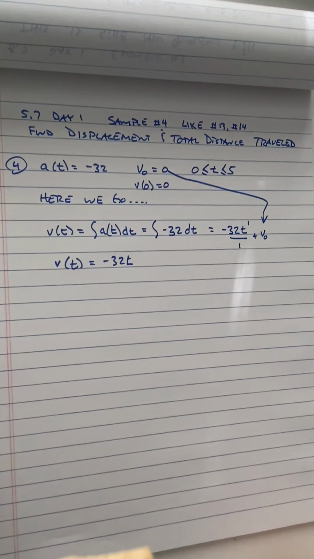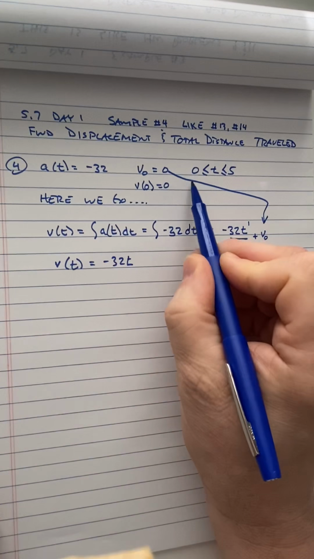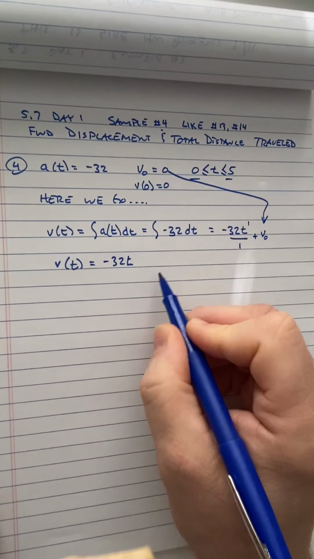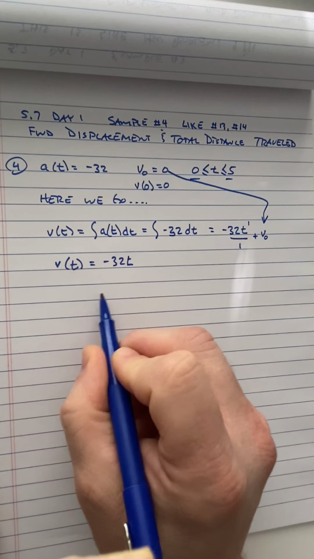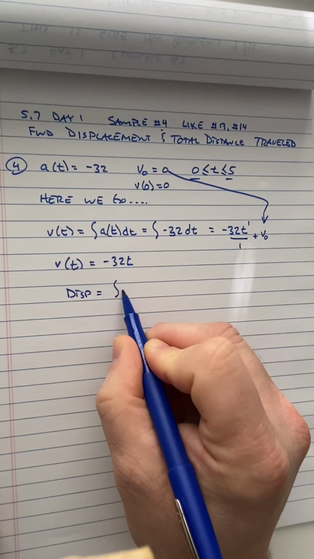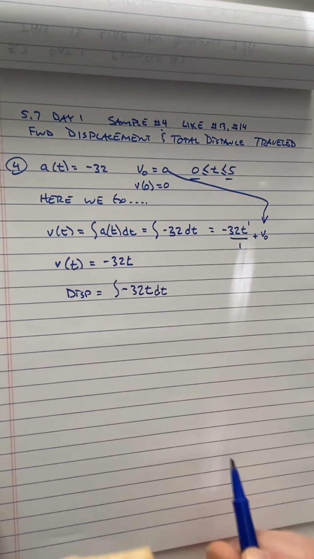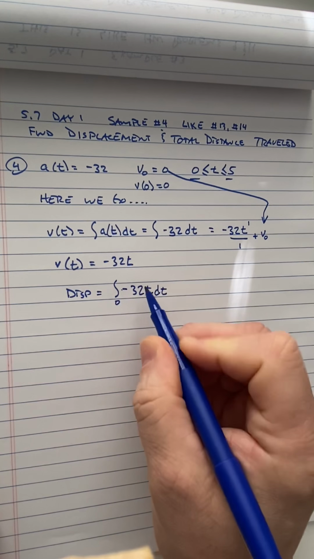To find the displacement over the interval from 0 to 5, all we need to do is take the antiderivative of this velocity machine with respect to time and shove in our boundaries of integration.